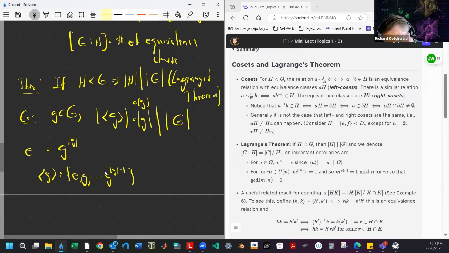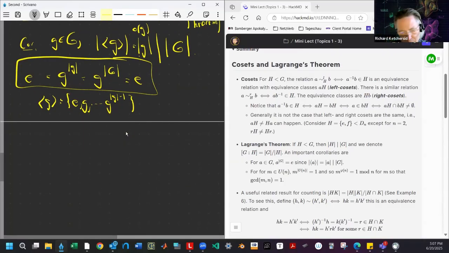If you do one more, so you go up to g to the order of g, you get back to e again. So that's what happens. And since the order of g divides the size of G, we know that g to the size of G equals e. So, really important.